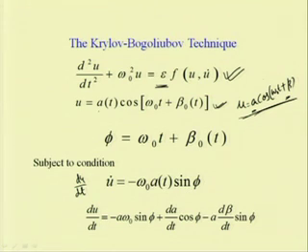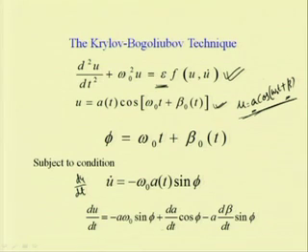So, now differentiating this equation, one can write du by dt equal to minus a omega 0 sin phi plus dA by dt cos phi minus a d beta by dt sin phi. As we have u equal to a t, a is a function of time. Similarly, the cos inside is a function of time and this beta 0 is a function of time.